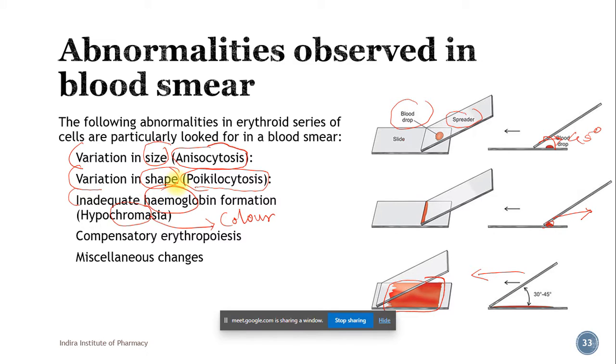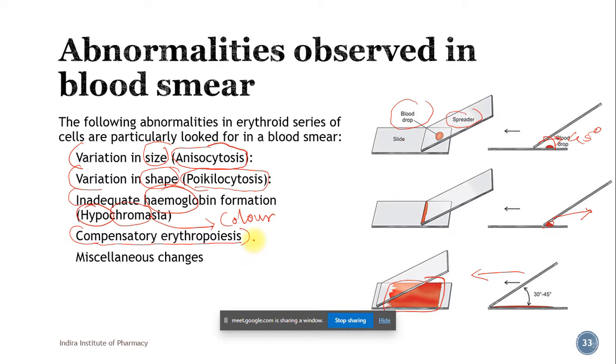So if the amount of hemoglobin in the red blood cell is less, then the color of the red blood cell will also be less, and it will appear faint in color. Hypo means less, and chroma means color. Next is compensatory erythropoiesis. That means if you observe that the number of cells has increased significantly in the amount of blood which you have taken, that is indicative of compensatory erythropoiesis.